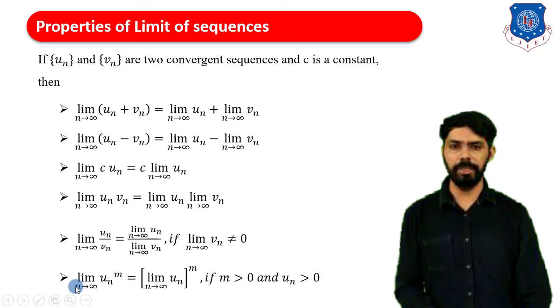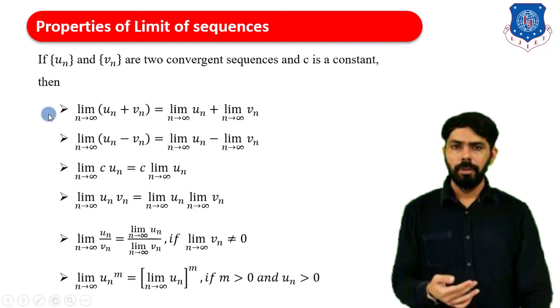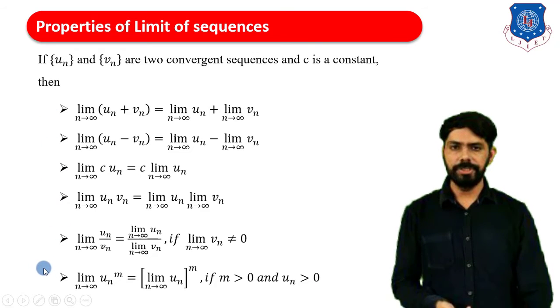Then the sixth property is limit n tends to infinity un raised to m is equal to limit n tends to infinity un whole raised to m, if m is greater than 0 and un is greater than 0. So we will apply these 6 properties in examples.